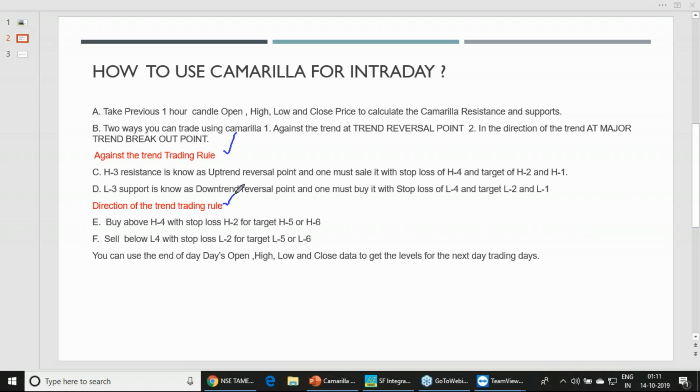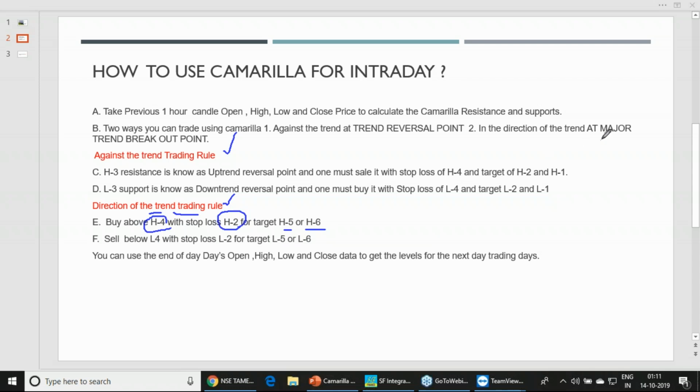The second way of trading is you can buy or go with the trend, in the direction of the trend. It says that at the H4 level, the fourth resistance above, you should buy, keep the second resistance as your stop loss, and aim for the extended resistances, the fifth and sixth resistance, as your target.